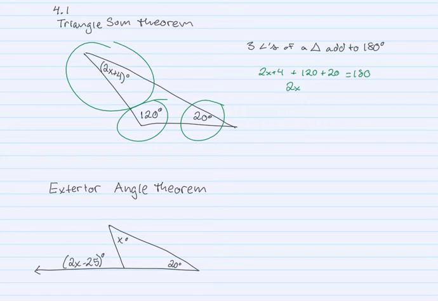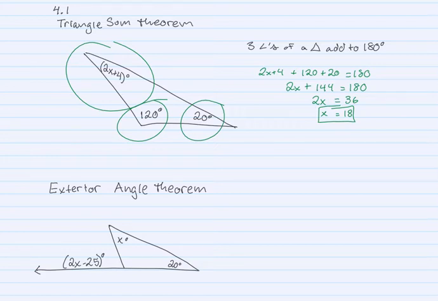So my next line, I combine my like terms and I get 144. And then I can subtract 144 from both sides and I get 2x equals 36, and divide by 2, x equals 18. So if this problem were to solve for x, that is how you would do it.